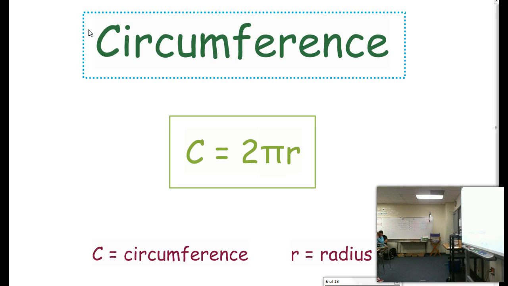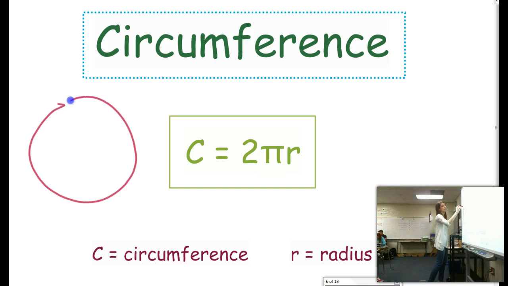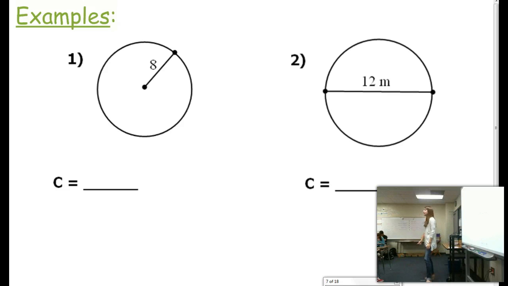Remember, circumference is how far you travel if you walked along the edge of a circle. Circumference, not area. That might be a little bit rusty, so let's find it real quick. Go ahead and do 1 and 2 on your own. In terms of pi, always, unless otherwise stated, yes. Do 1 and 2, find the circumference.